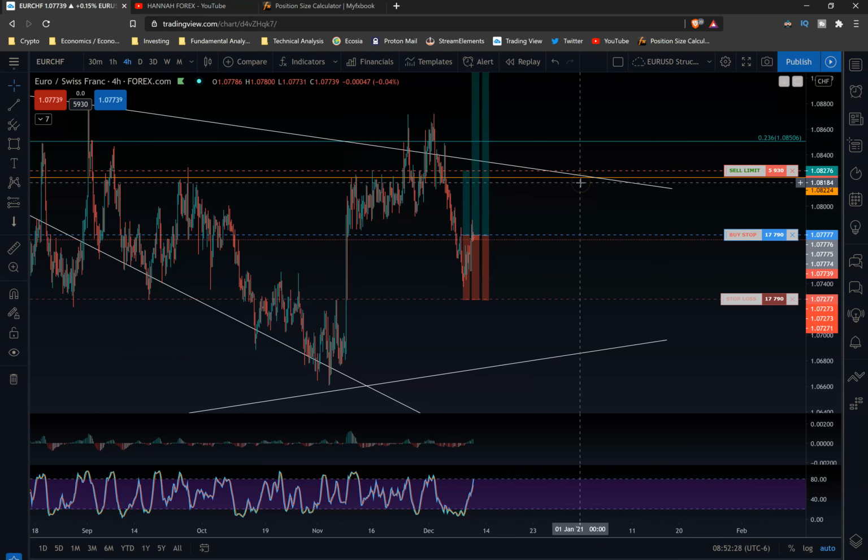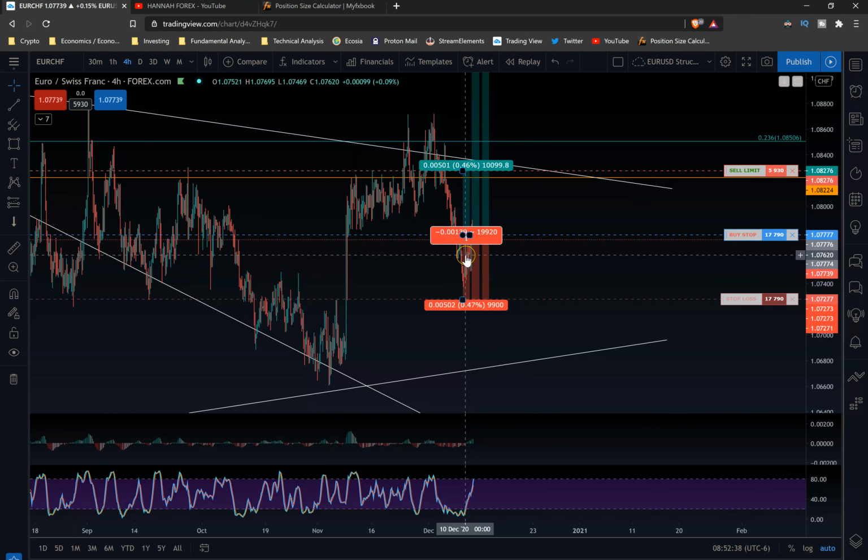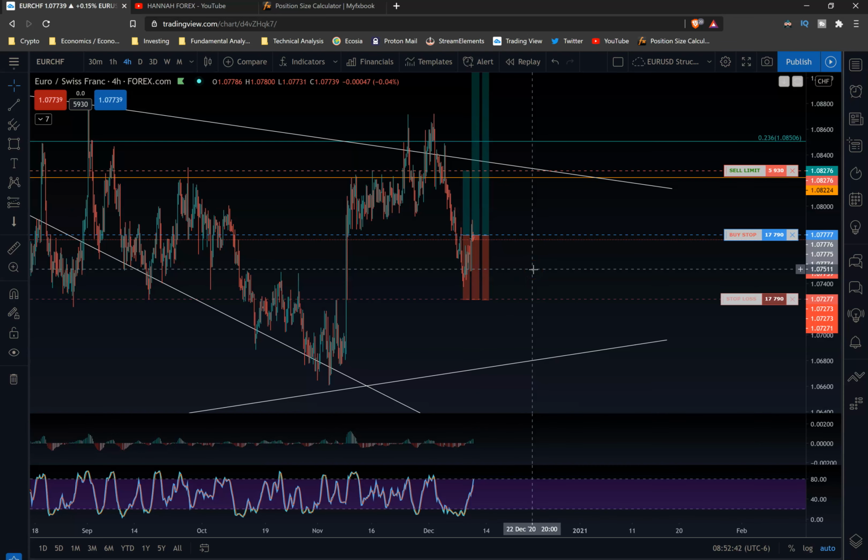So essentially, I'll be losing $70 if it makes a lower low. I have a 50 pip wide stop loss. 50 pips is the max that I will do.